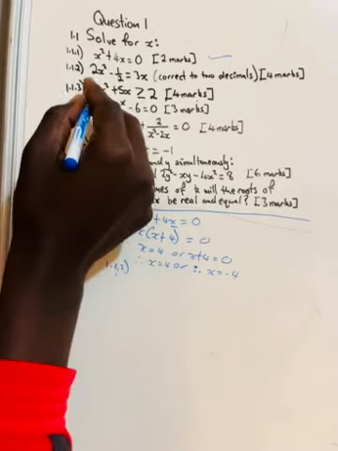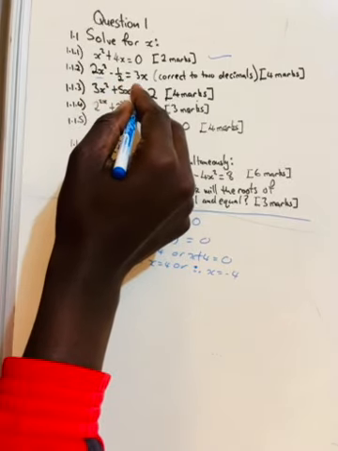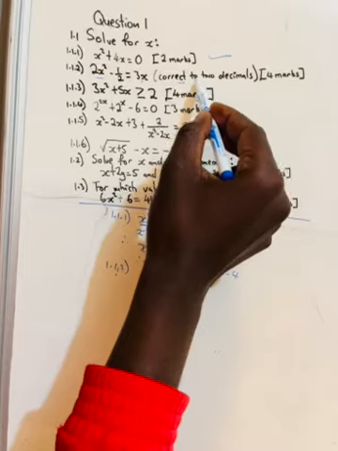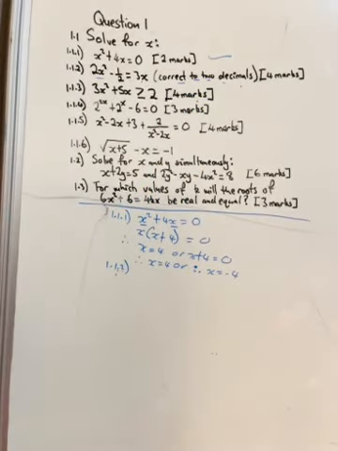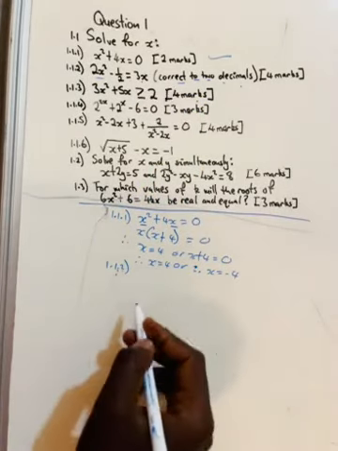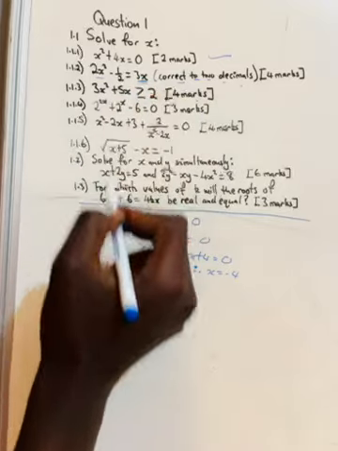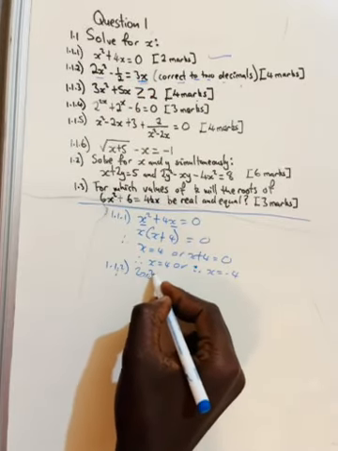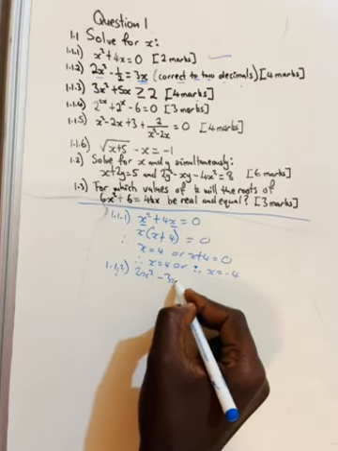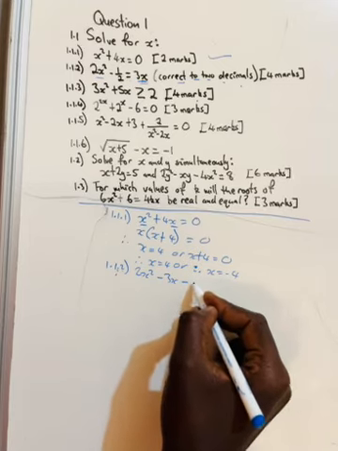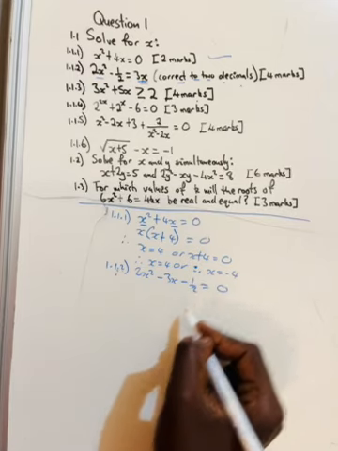1.1.2, we were given 2x squared minus half, which is equal to 3x, and they requested that we correct the answer to 2 decimal places. First, we transpose this 3x, so we say 2x squared minus 3x minus half, which is equal to 0.